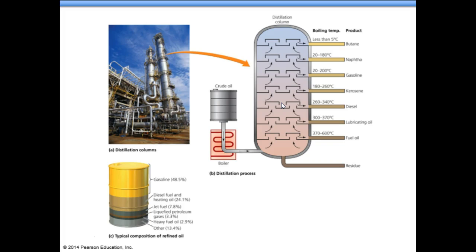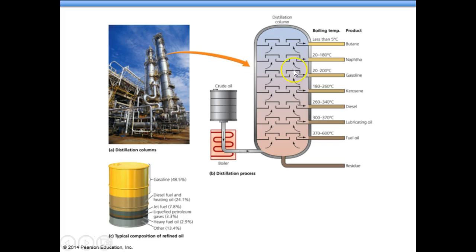The heavy oils are generally those that have hydrocarbon molecules with long chains and are separated from lighter oils. And lighter oils generally have those with shorter chain carbon molecules.